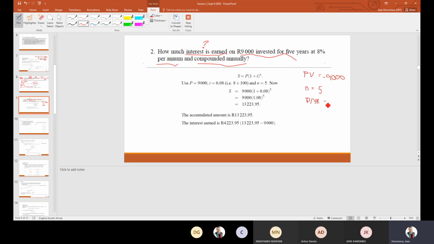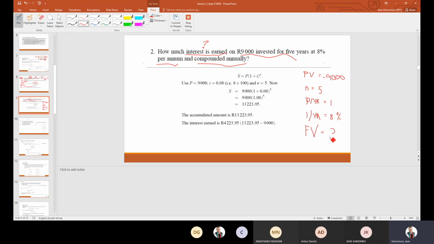So just luckily the previous one was also once per year. So if we did it without clearing the calculator, it wouldn't have mattered. So what else do we need? We need the interest per year, which is 8%. And then we will get a future value.